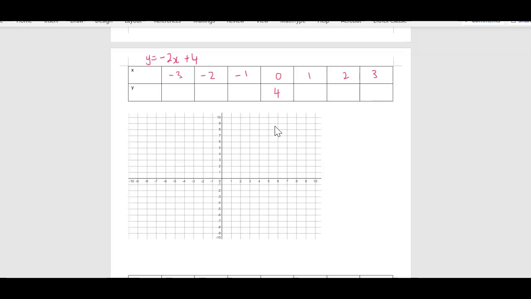And this time we're going down by 2 each time. All right, and I'm going to plot -3, 10, and 3, -2, because they both fit on. So -3, 10 is up here, and 3, -2 is down here. All right, and then just putting a ruler through them.